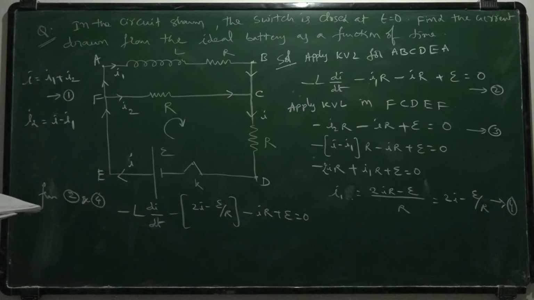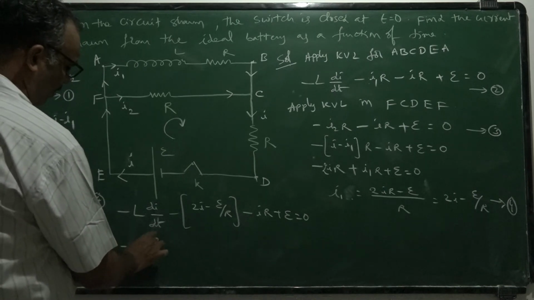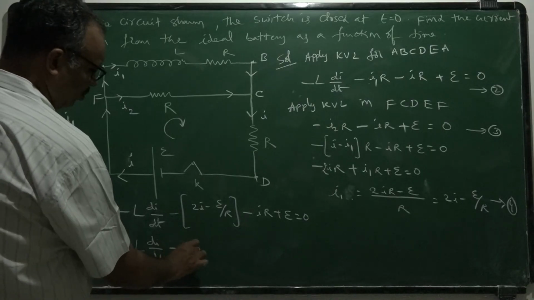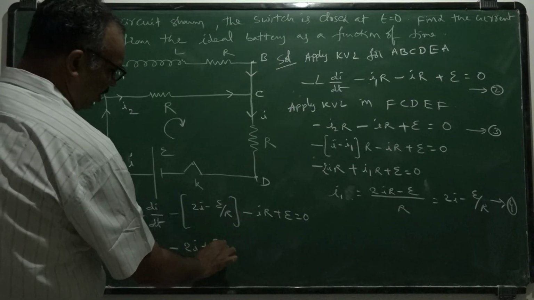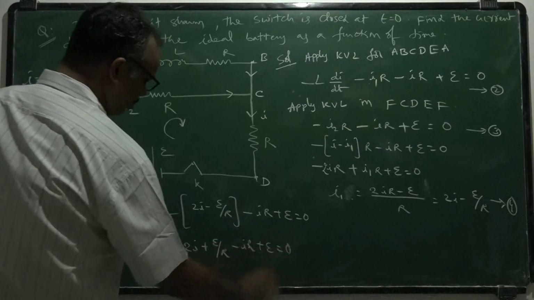If you simplify, you will get an equation like this: L into di by dt minus 2I plus E by R minus IR plus E is equal to 0.